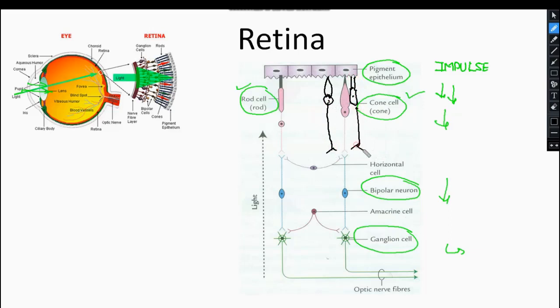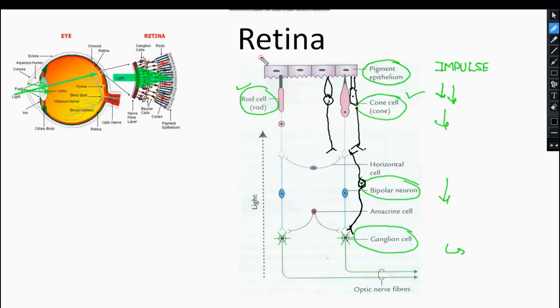Many bipolar neurons make a connection with a single ganglion cell, and finally it comes out as an optic nerve fiber.